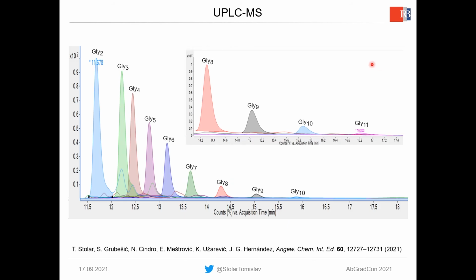In order to unambiguously determine the presence of different oligomer lengths, we have developed a method for ultra-performance liquid chromatography coupled with mass spectrometry. So first, to separate different oligomers and then to detect them using a Q-TOF detector according to their molecular mass.